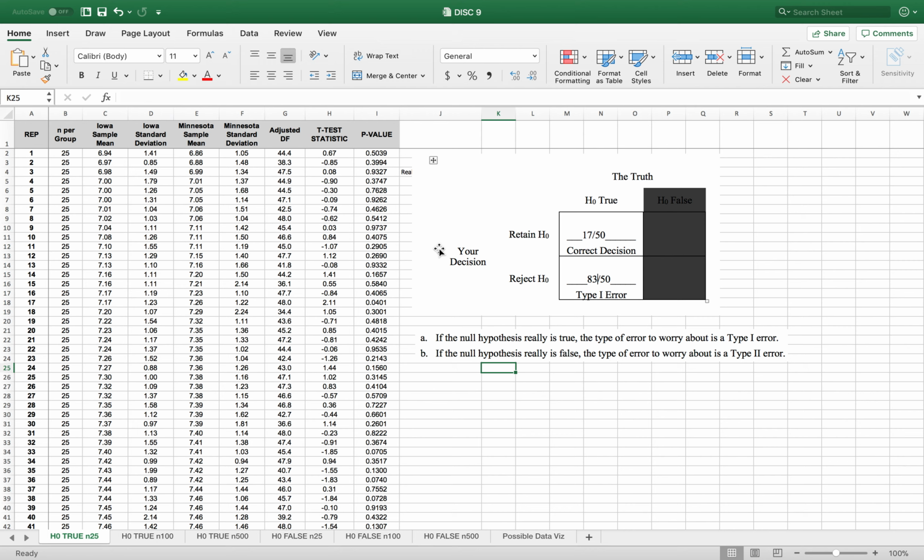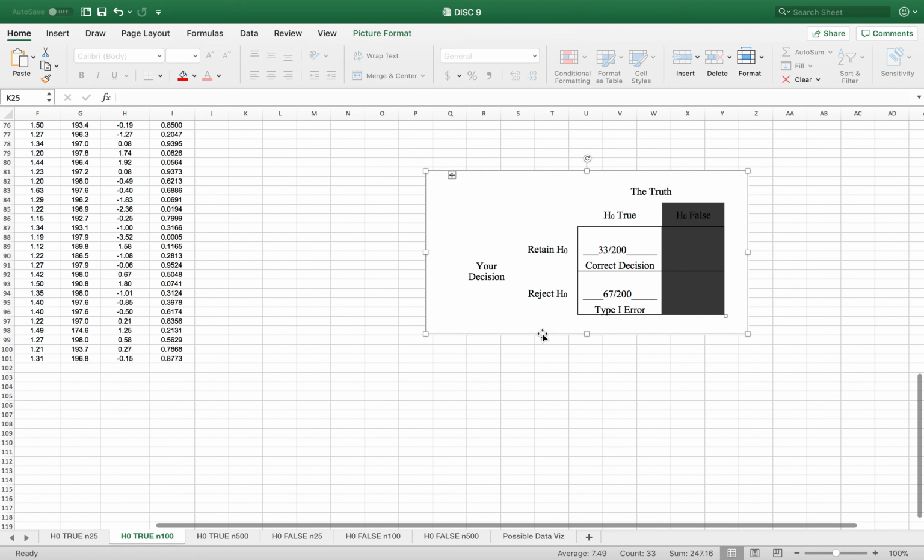So H naught equals 7.5, and to reject it, it will not equal 7.5. For the correct decision, I got 17 out of both of the means that were, in my opinion, 7.5, and this is the ones that weren't. Okay, and so that was for true.